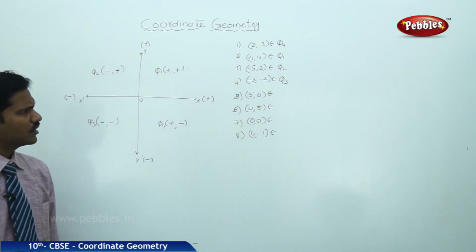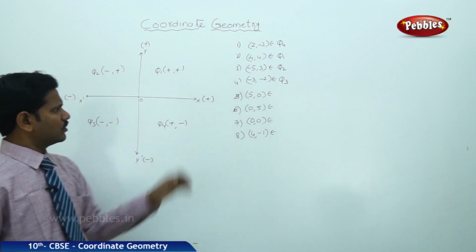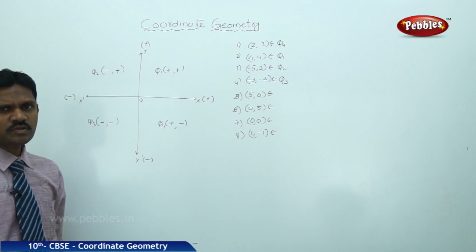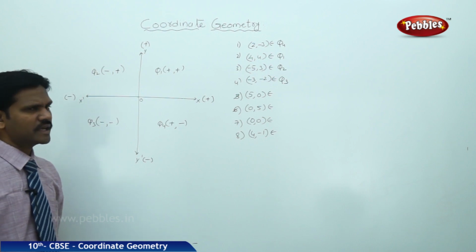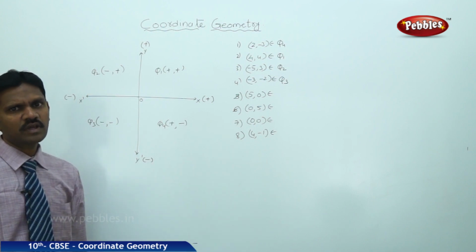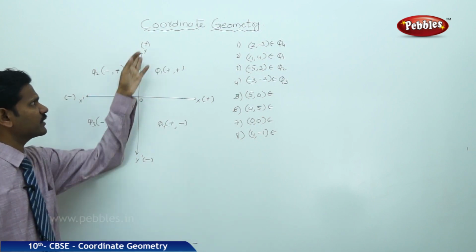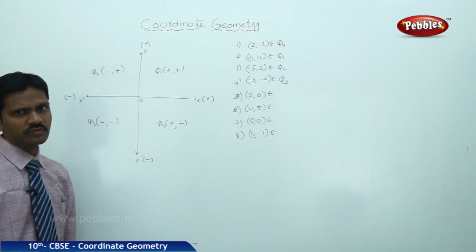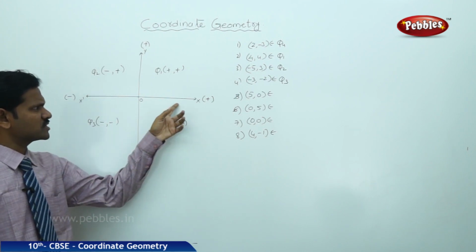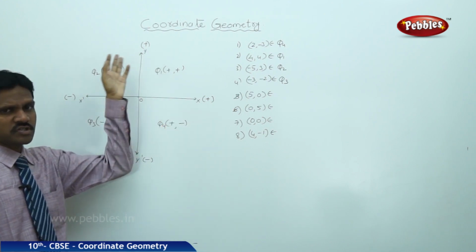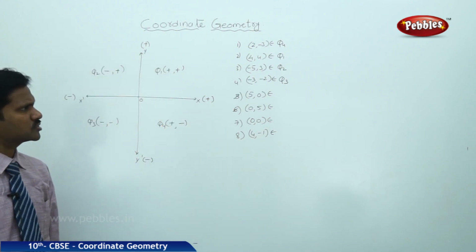On the x-axis, the y value must be equal to 0, which is called a point on the x-axis, y equal to 0. In the similar way, a point on the y-axis has x equal to 0. This is also called the equation of the x-axis, y equal to 0, and the equation of the y-axis, x equal to 0.